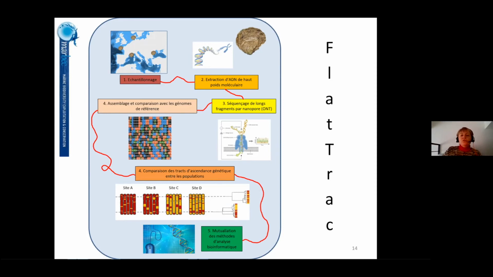contrast the regions that follow the general pattern of geographic isolation and the regions that reveal this parallelism between distant populations. And we also want to look for structural variation if present, because we think they could have a potentially important role in this kind of evolutionary process.